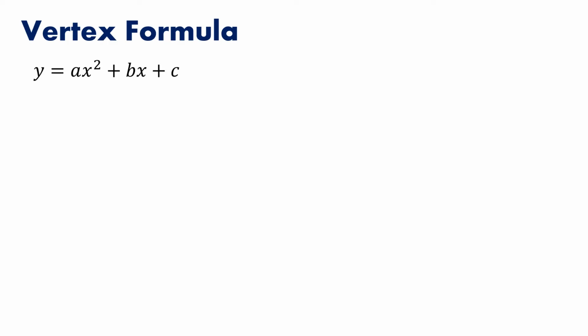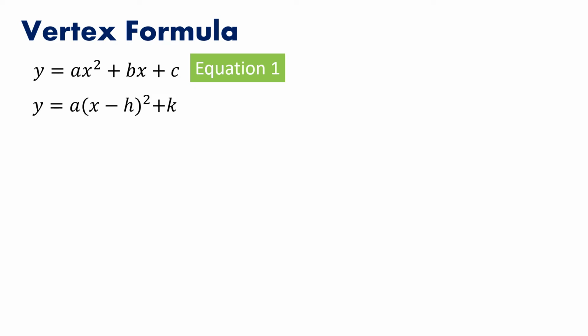Let y equals ax squared plus bx plus c be our equation 1, and y equals a times the quantity x minus h squared plus k be our equation 2.